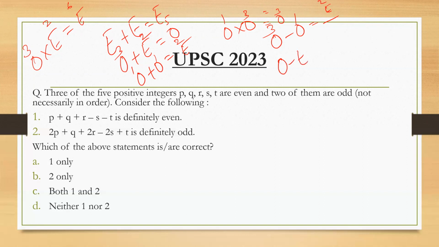What about odd minus even? ठीक है, कोई भी ऐसा छोटा सा वैल्यू पुट करो वहां पे. 3, 2, that means what? 1. That means 1 is what? Odd. ठीक है, even minus even will be even.